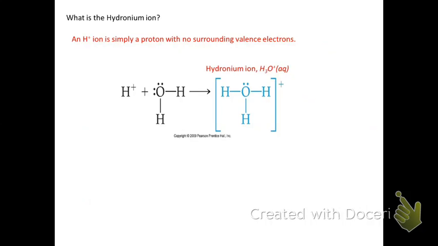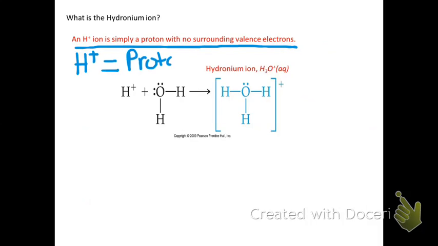Again, an H plus ion is simply a proton with no surrounding valence electrons. Think about what hydrogen is. Hydrogen has one proton and one electron. When you remove that one electron to form an H plus ion, the only thing that remains is a proton. So as we go through this lecture, think of H plus as really a proton.